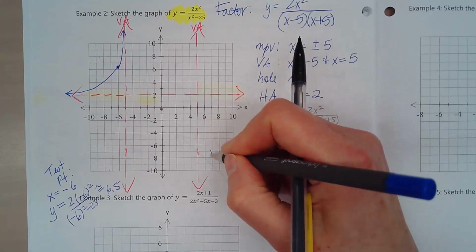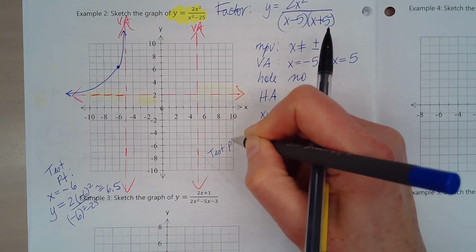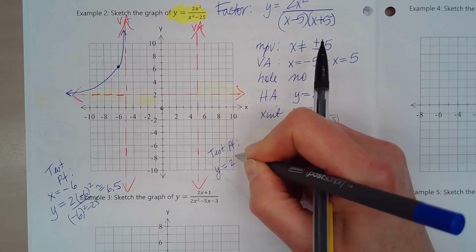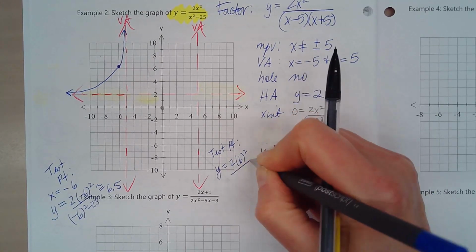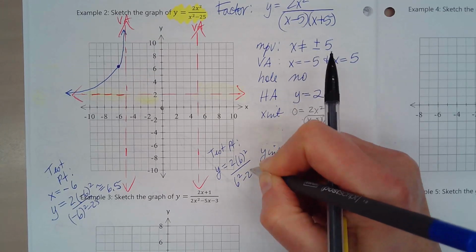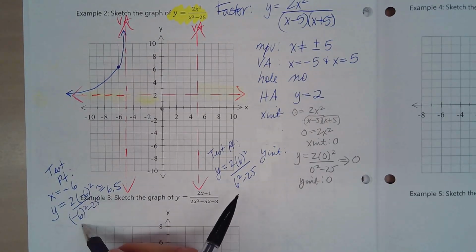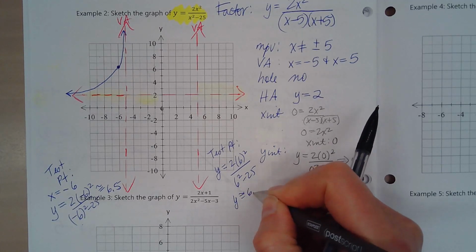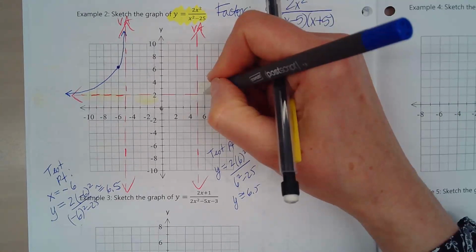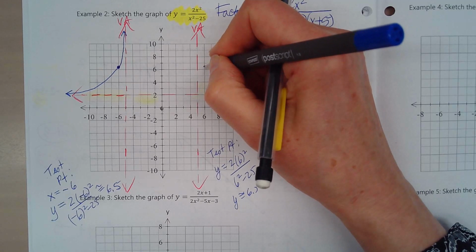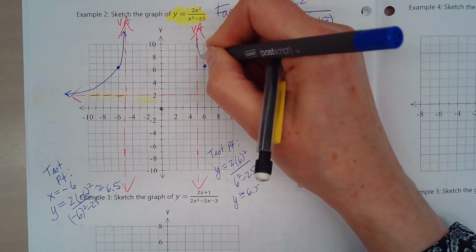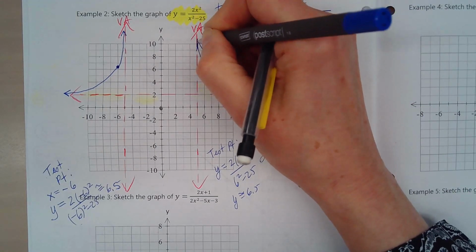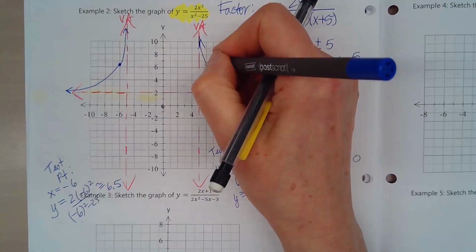I can see that if I do a test point of 6, just knowing how squares work, I'm going to end up with the same y value, right? 2 times 6 squared over 6 squared minus 25. Because of the way the squares look, it's still going to be 6.5. So I'm going to have another point here, and it's going to do the same thing, right? They grow towards the asymptotes. Okay.